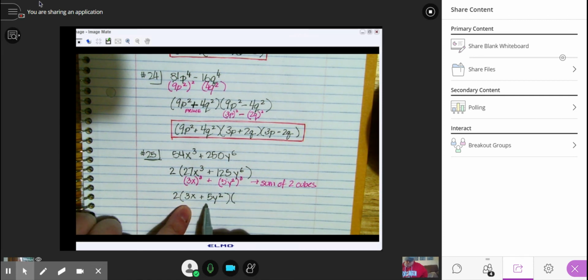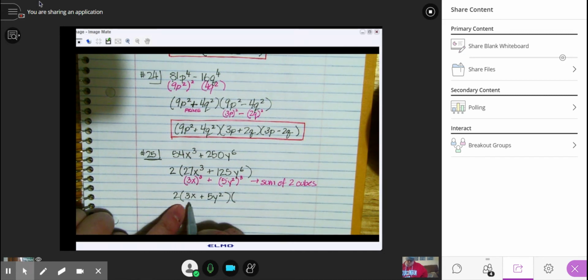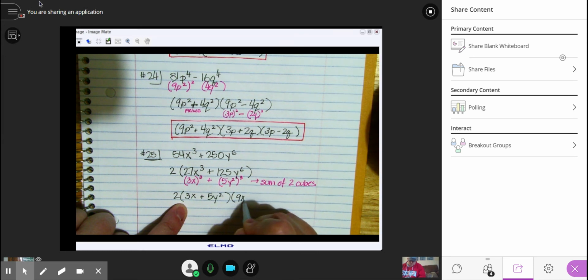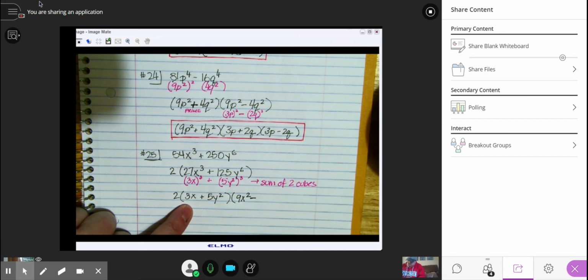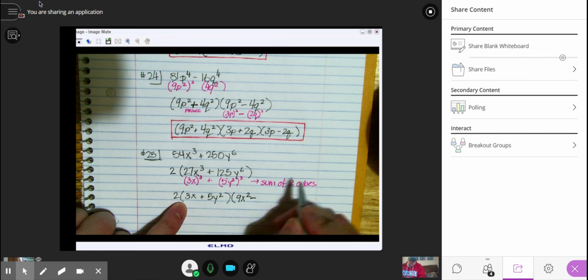All right, now the second factor is the square of the first root. So 3x times 3x. Then the opposite sign. The second term is these two multiplied together.